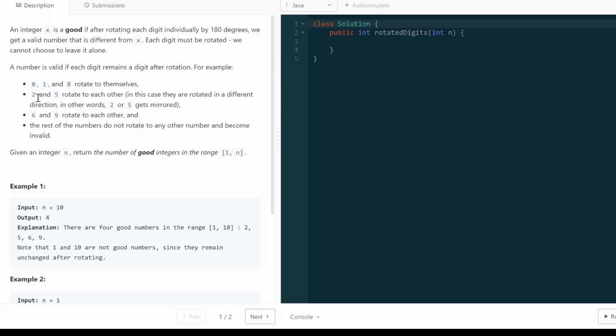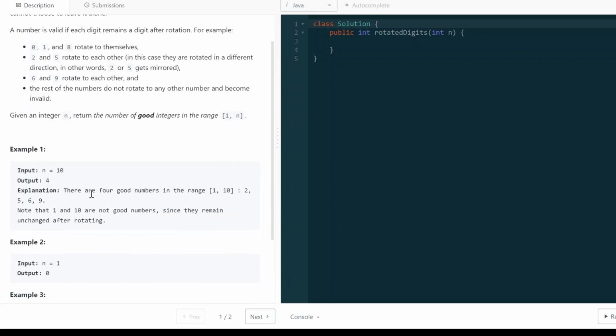So what is left now? 0, 1, we have 2 left, 2, 3, 4, 7. And it says return the number of good integers in the range of 1 to n. So the four good numbers in the range of 1 to 10 are 2, 5, 6, 9. So 2 is there, 5 is there, 6 is there, 9 is there.